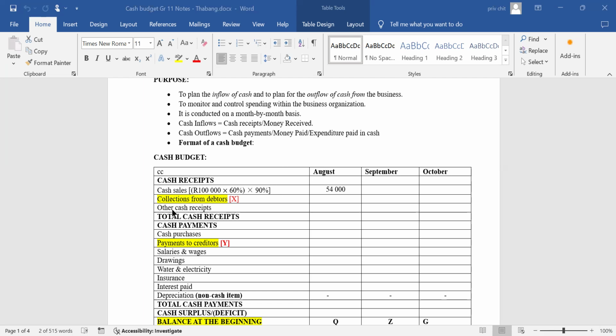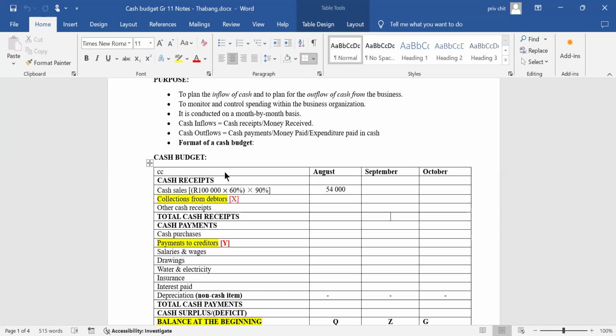There is a calculation that you'll be expected to perform as far as collections from debtors is concerned. And if the business had any other income elsewhere, that will form part of what we call other cash receipts. You take all these added together to give you total cash receipts for the month. Does it make sense? Yes.